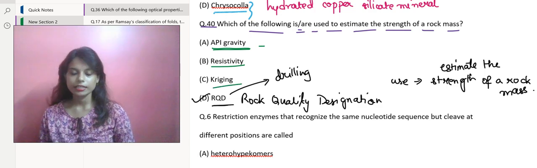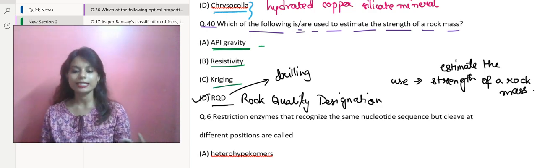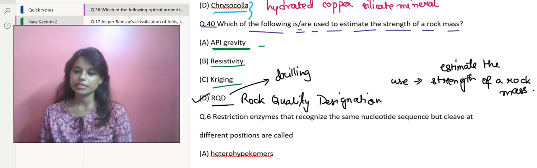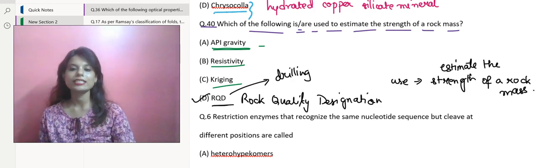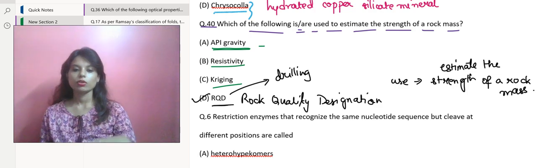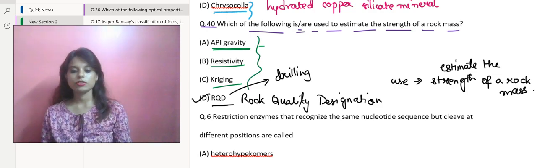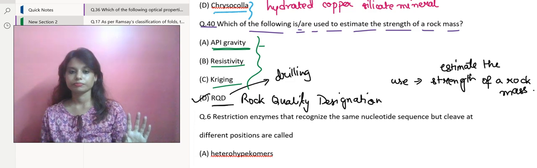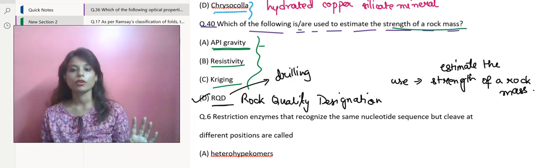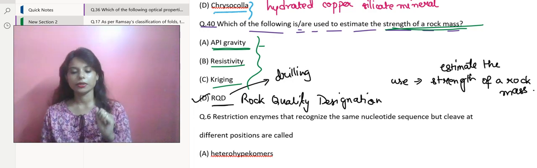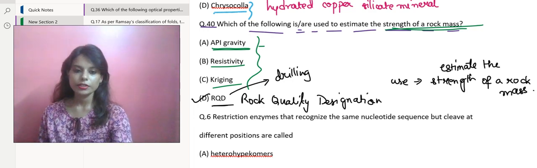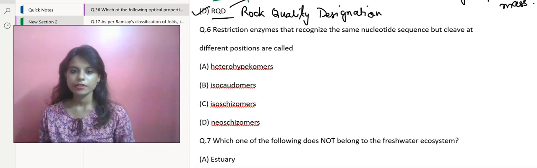And kriging is a geostatistical method which is used to estimate the values at unsampled locations based on the values at sampled locations. So none of these descriptions go with the strength of a rock mass as mentioned in the question. So we are going with RQD only. Let's move over to the next question that we have.